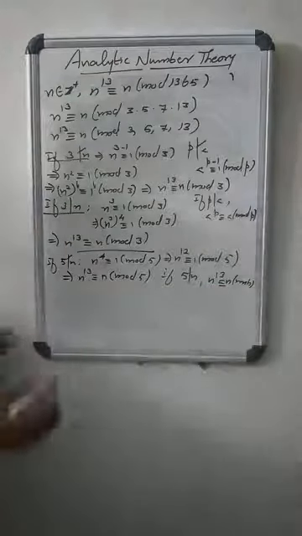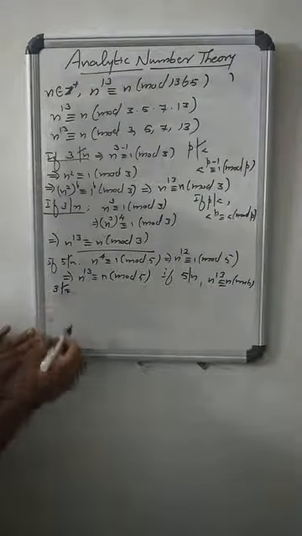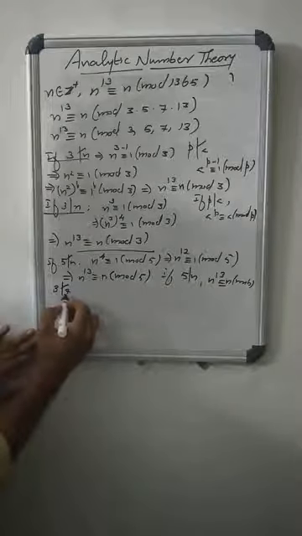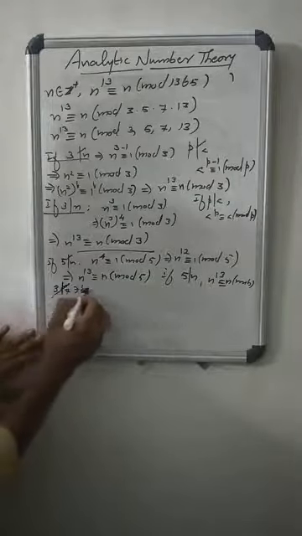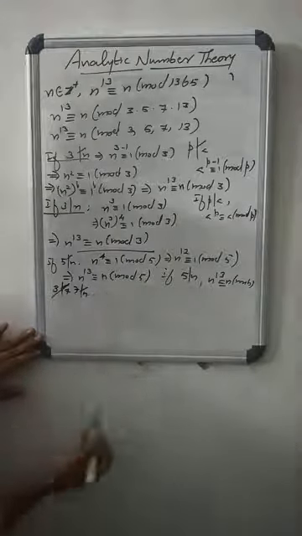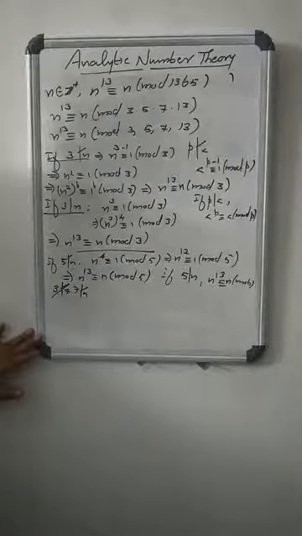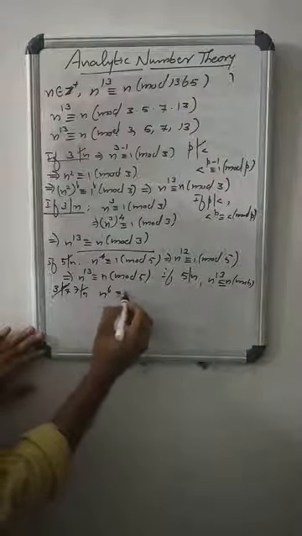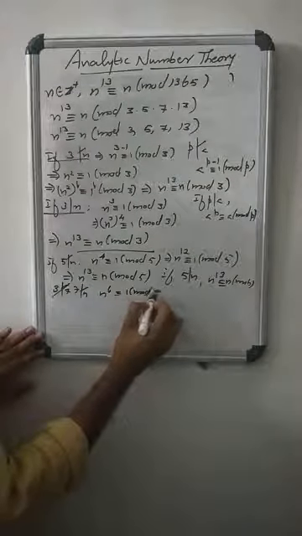Similarly, consider 7. If 7 does not divide n, again n power 7 minus 1, which means n power 6, is congruent to 1 mod 7.